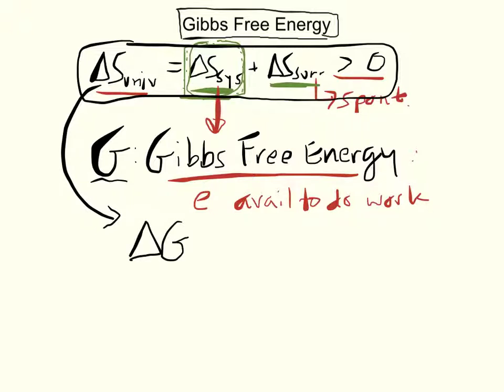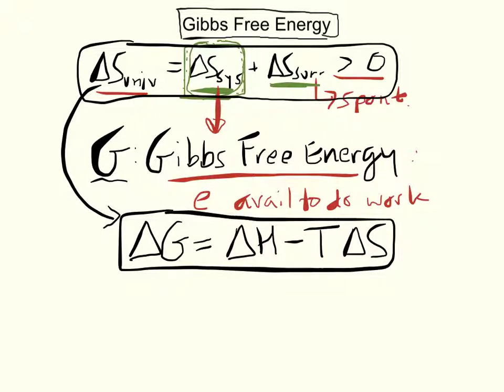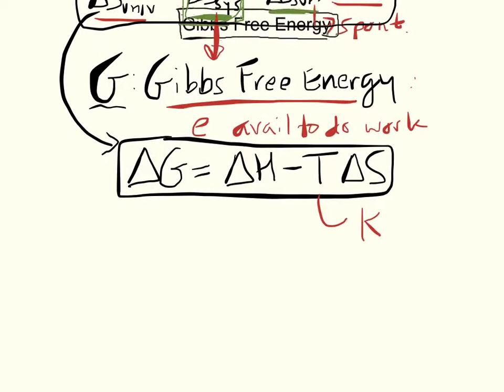But the change in Gibbs free energy, the change in free energy of a system, is going to be equal to the change in enthalpy minus temperature times change in entropy, delta G = delta H - T delta S, where temperature is measured in Kelvin, of course. The relationship between these three variables allows us to predict spontaneity of a process.